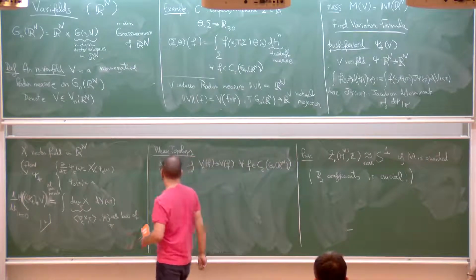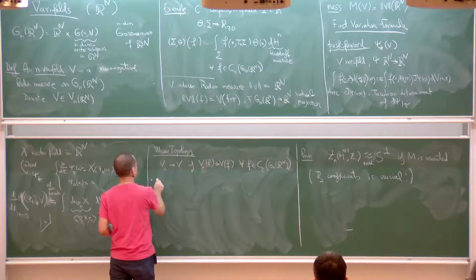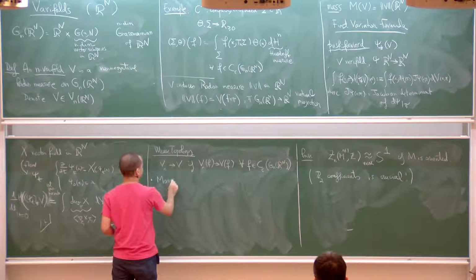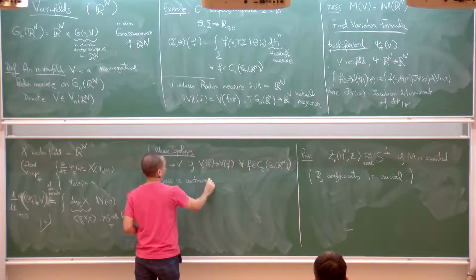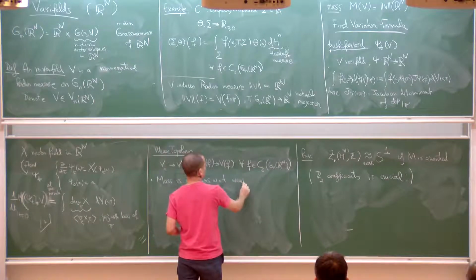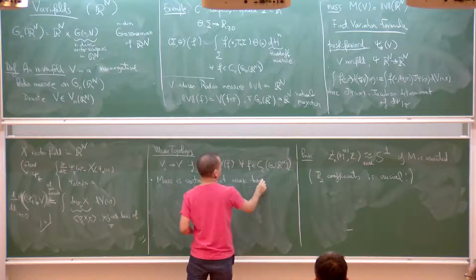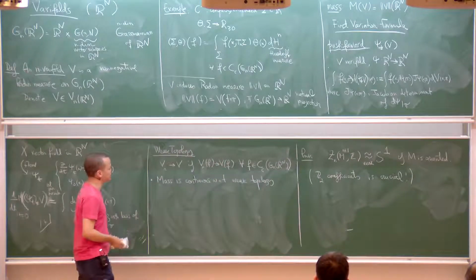This is just the weak topology. The observation is that now the mass is continuous with respect to the weak topology. There is no loss of mass anymore because it's just measures.